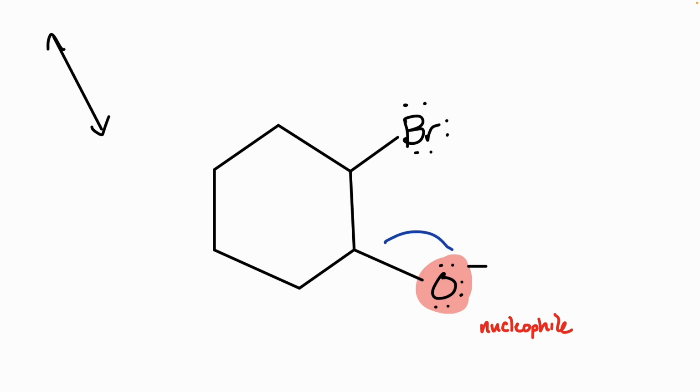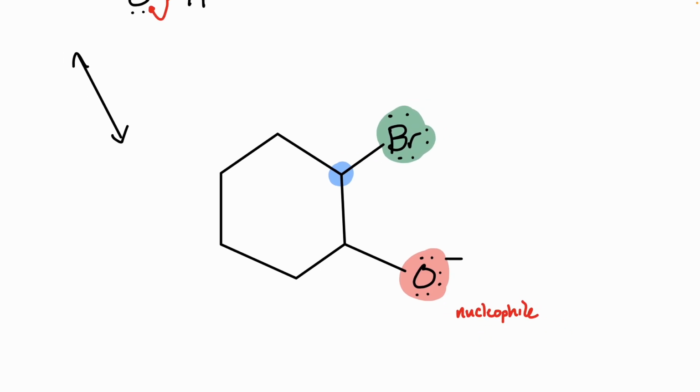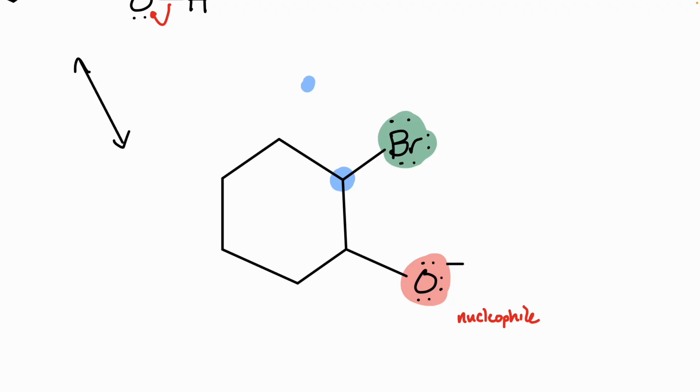That pair of electrons isn't going to come down there. All right, my carbon bonded to my halogen, that's a nice polar bond. And importantly, it also has a good leaving group on there. So it can play the role of my electrophile, with the bromine playing the role of the leaving group.